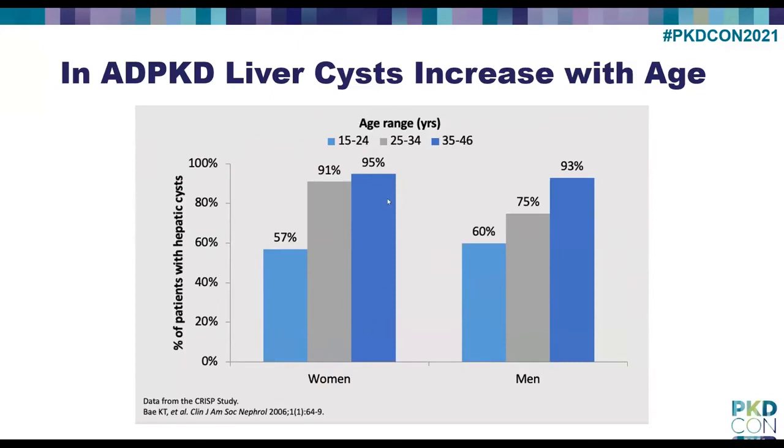You can see the women progress a little bit faster in that there are more liver cysts at an earlier age in the women compared to the men. But in this mid-adulthood range, 35 to 46, 95% of women and 93% of men have at least some liver cysts.